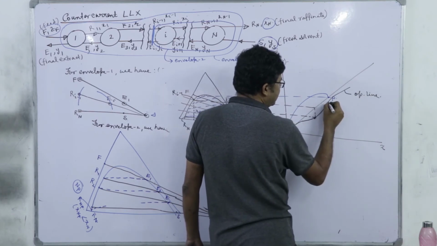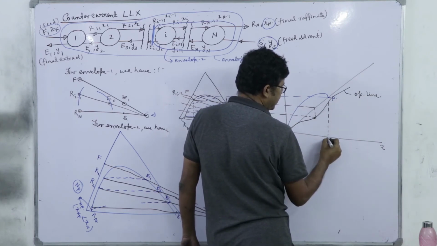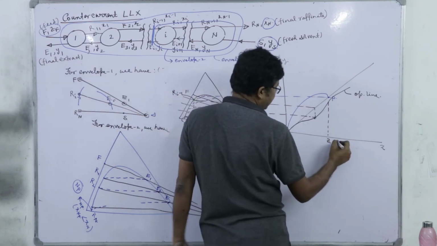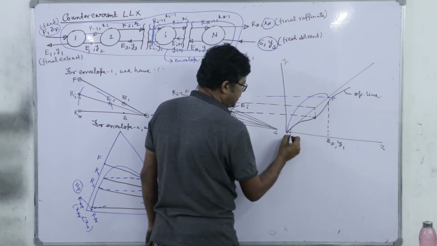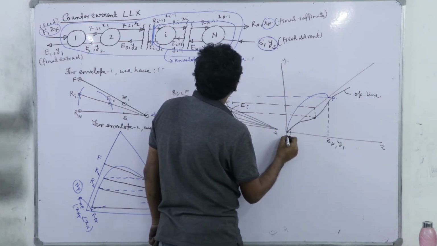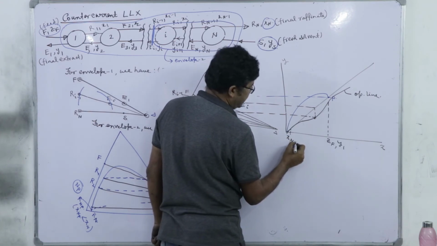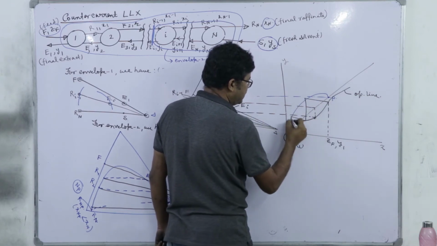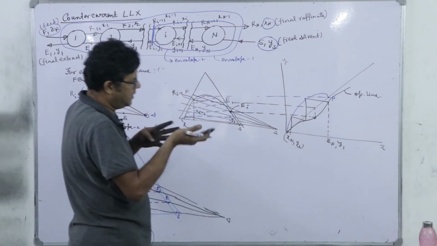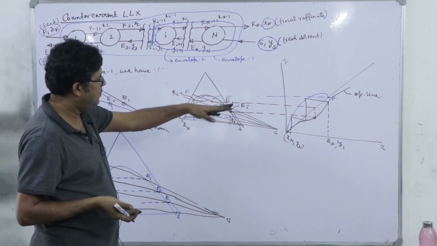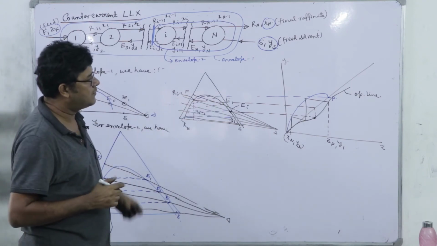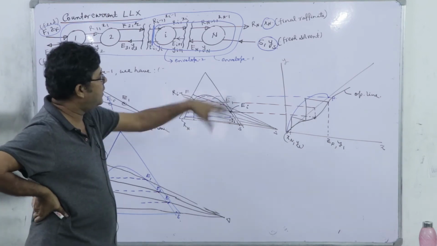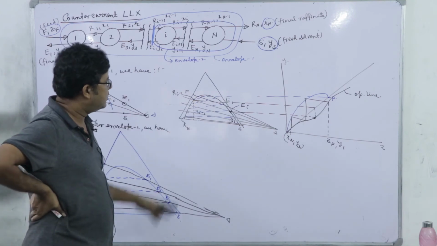Locate the two points, the first one which is z_F and y_1, and another point which is x_N and y_S, and go for the staircase construction between these two. So, here definitely it is manual drawing. Between these two you have to go for staircase construction, because we have the operating line and equilibrium line.